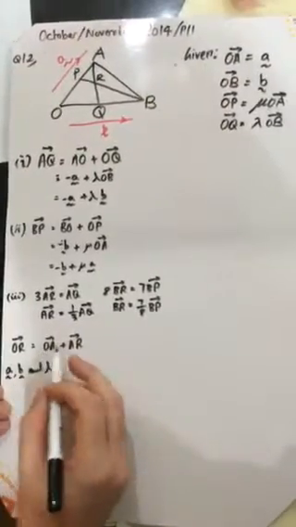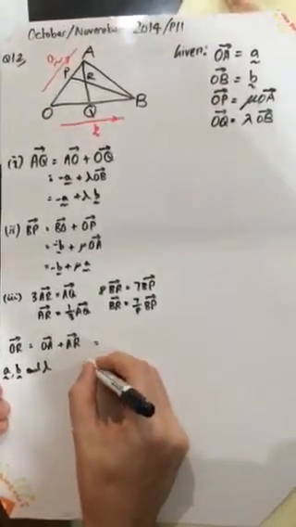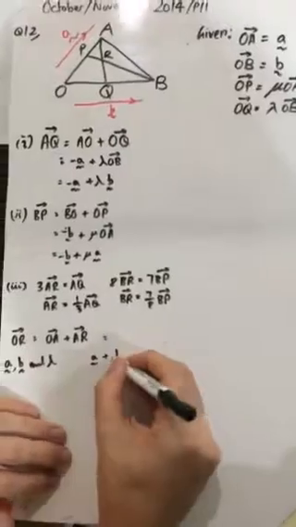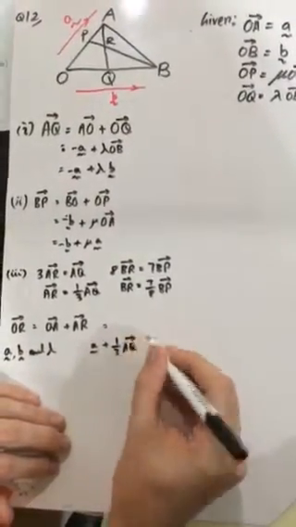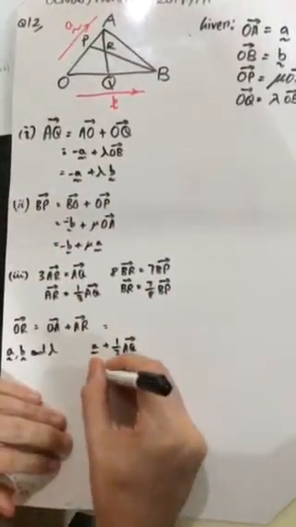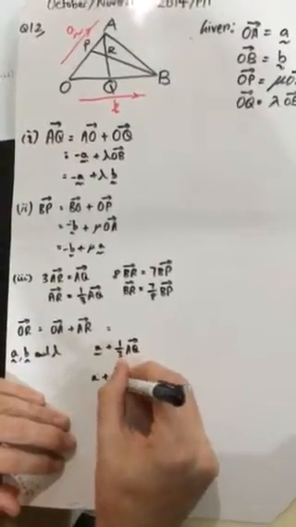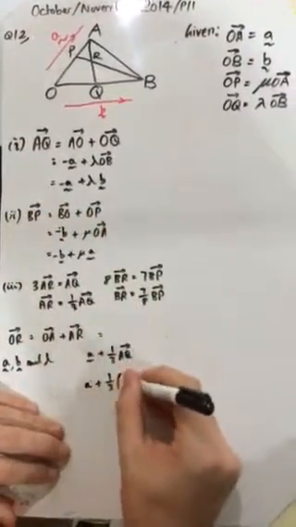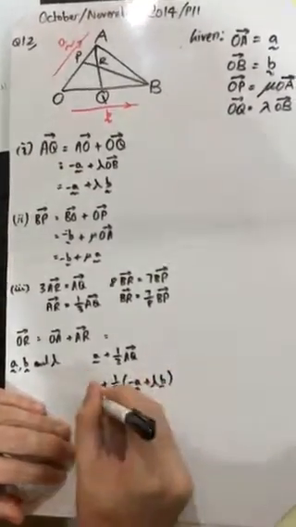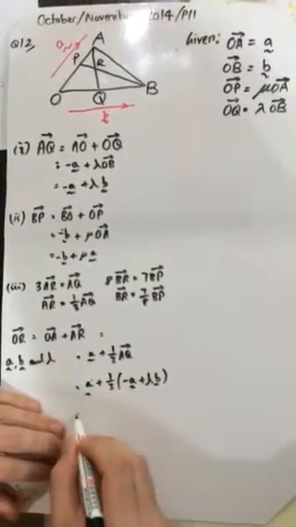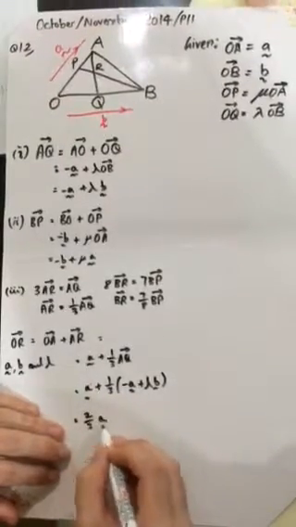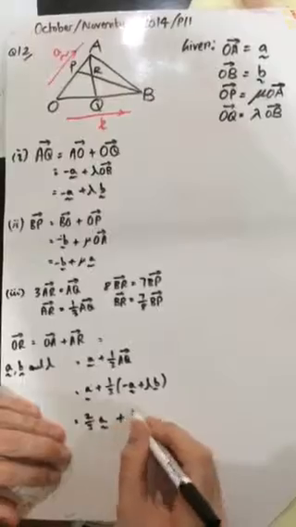And as we've seen, OA is simply A plus 1/3 of AQ, as we've just rearranged our equation. And AQ we worked out in part 1 of the question. So we've got A plus 1/3 of part 1 of our question, negative A plus lambda B. Which then becomes A minus 1/3 of A is 2/3 of A, and then 1/3 of lambda B.